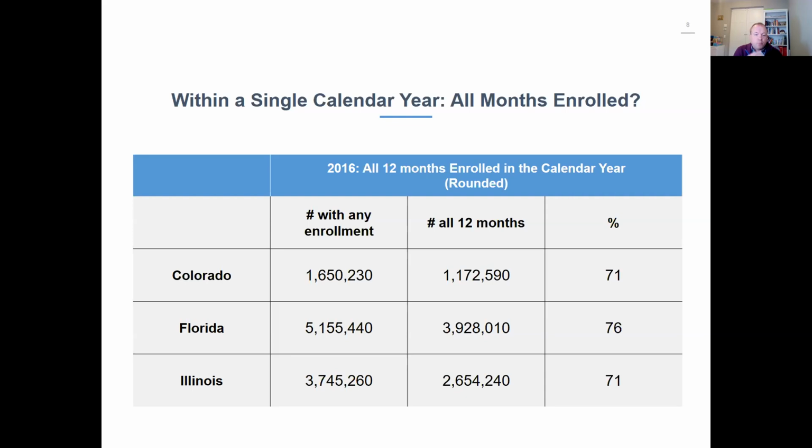So we got 1.6, 5.1, 3.7 million, any month of enrollment during the year. When you require people to have all 12 months, you do drop a fair amount of people, a quarter to 30% of people are lost if you're doing this within one single calendar year.